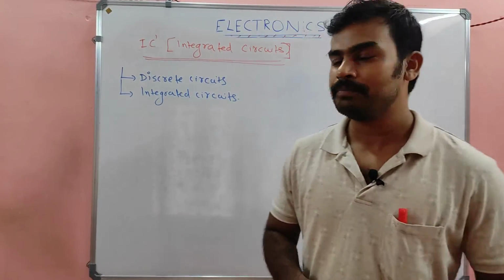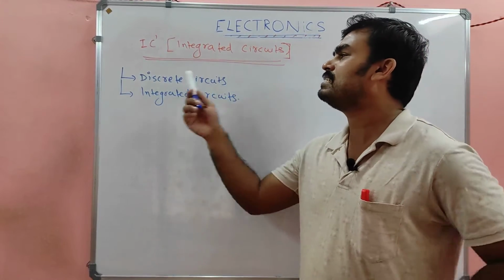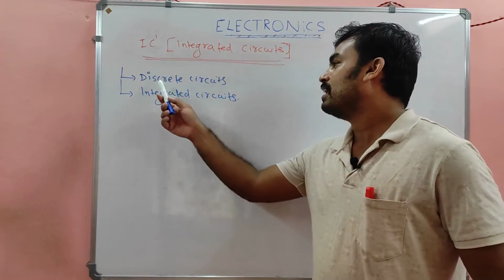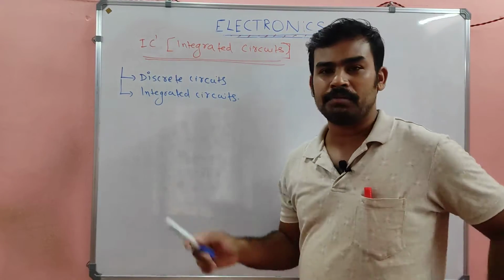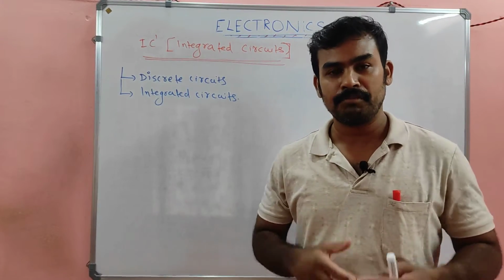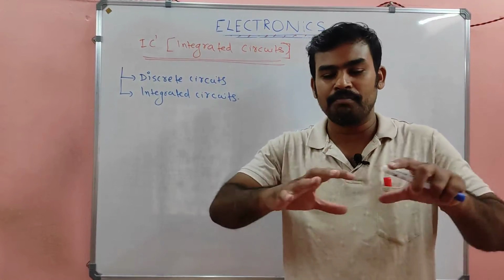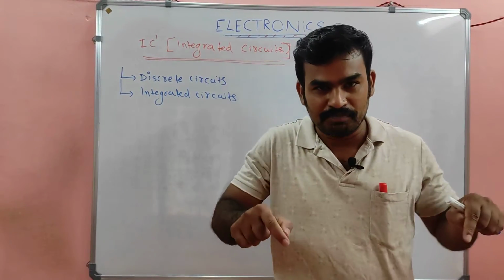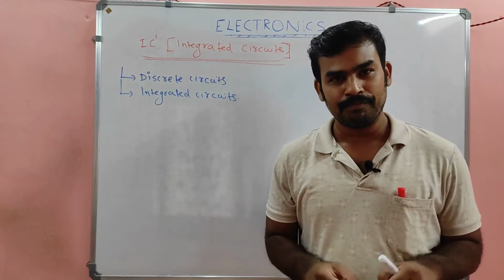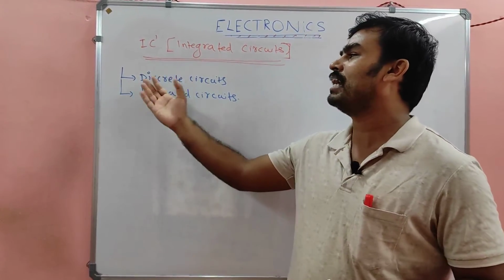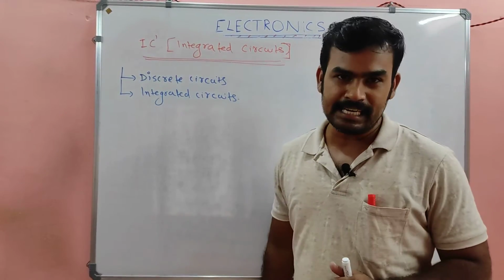There are a lot of disadvantages, and also some advantages. The main disadvantage, my dear, is the bulkiness, the space requirement of the components. We need a particular space for every component. That is the main drawback of the discrete circuit.